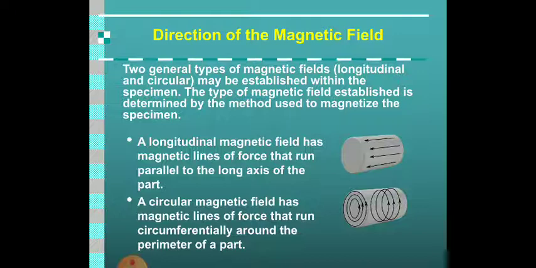As you can see in this figure, this is the circular one. The magnetic field has magnetic lines of force that run circumferentially around the perimeter of the part. When the current passes through the conductor, the magnetic field is present on its surface as well as around it.